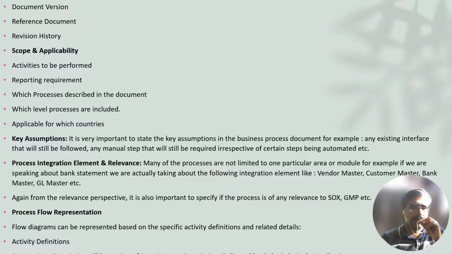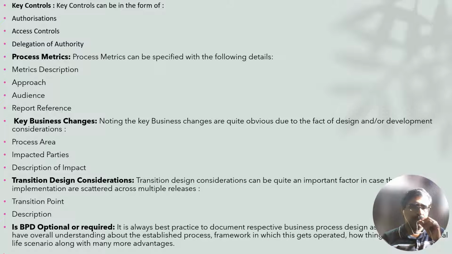Authorization, in the sense that each person will have authorization to approve or review, right? So these are the key controls: authorization and access controls. A particular user will be performing procurement or manufacturing or sales, and related to that, what transactions they need to handle. You are controlling the particular access of the user using access controls and authorizations.